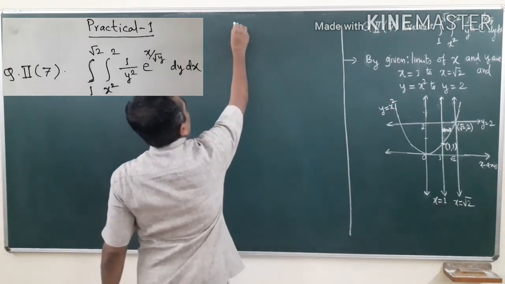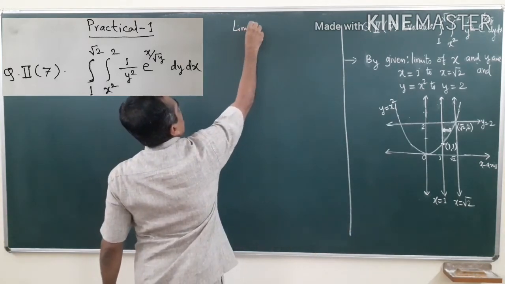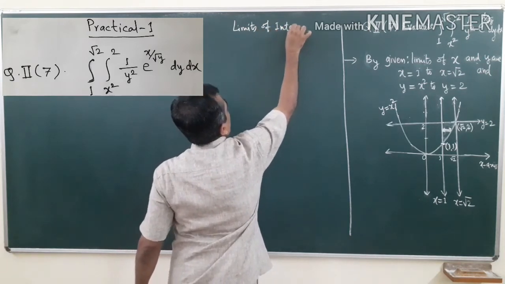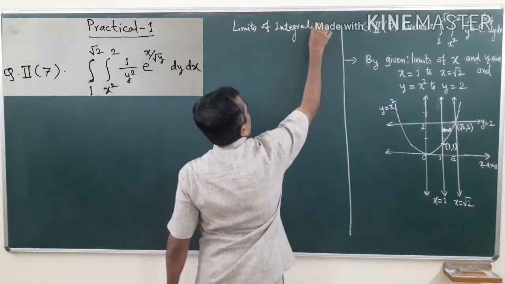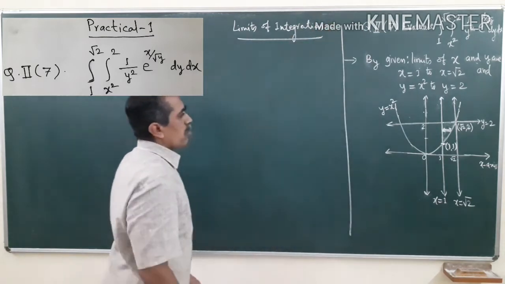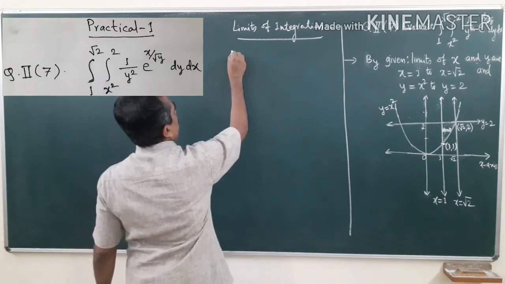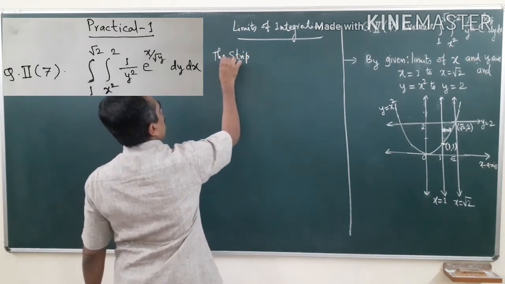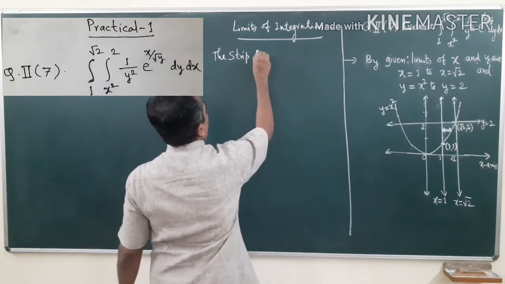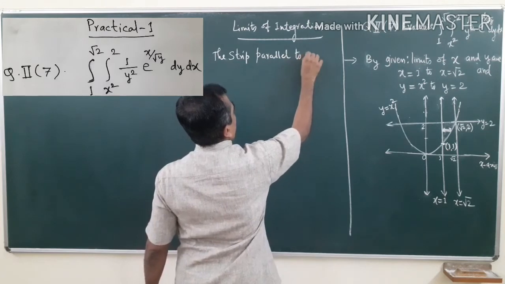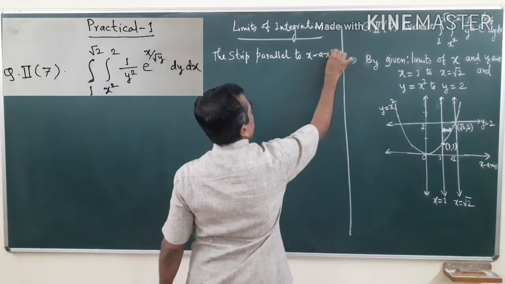So, what are the limits of integration? To find the limits of integration, take the strip parallel to the x axis. Why am I taking the strip parallel to the x axis?